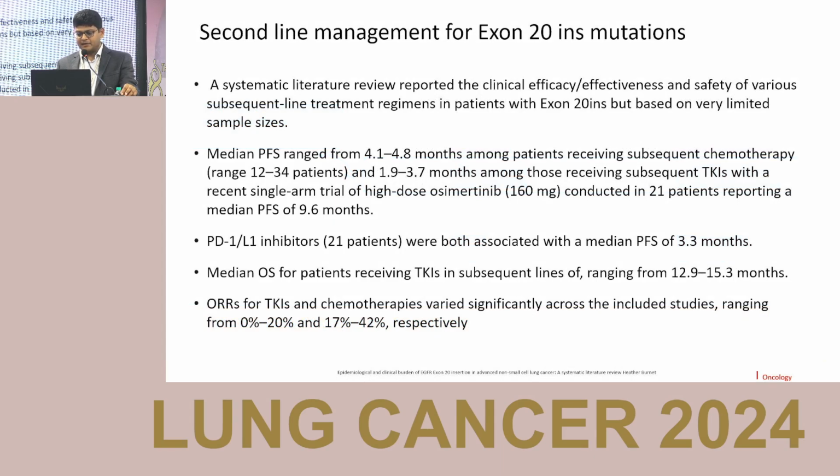If you have given platinum doublet, what would be the second line treatment options? The natural choice now would be amivantamab, but initially if immunotherapy or other TKIs were used, the median progression free survival was not more than 3 or 4 months. Even with TKIs, you see response rates somewhere between 0 to 20% or 17 to 42%.